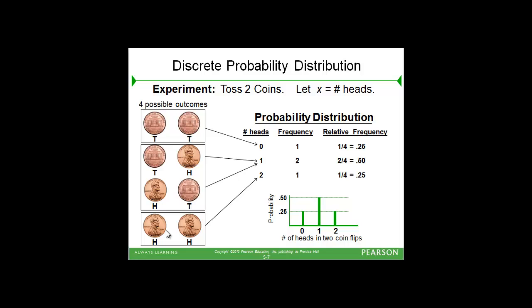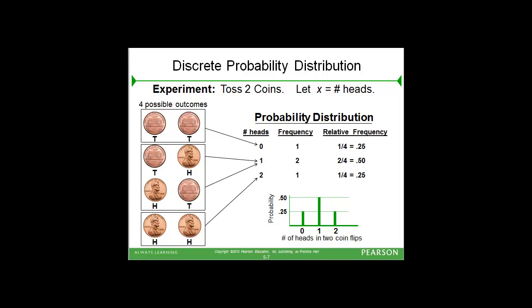The fourth possible outcome might be the first coin head facing up and the second one head facing up. The random variable here is the number of the heads facing up, so we're going to count the number of heads facing up: 0 head, 1 head, and 2 heads.